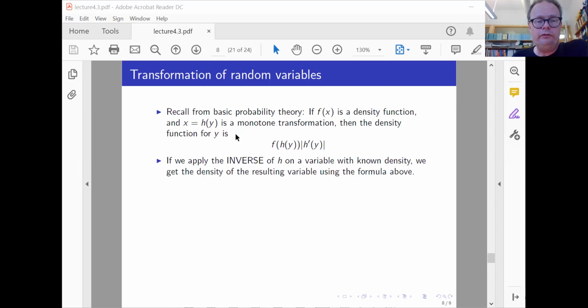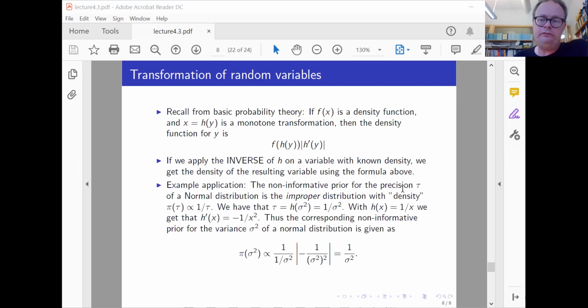Remember that x is expressed in terms of y. So if we apply the inverse of h to a variable with known density, we get the density of the resulting variable using the formula above.